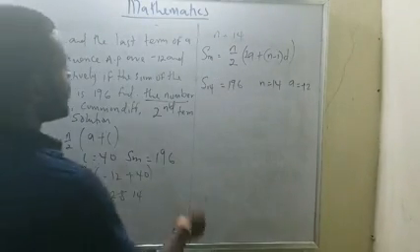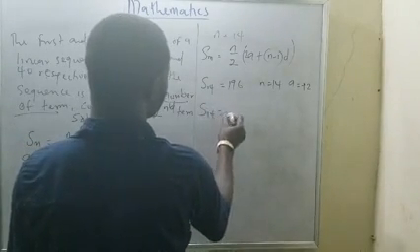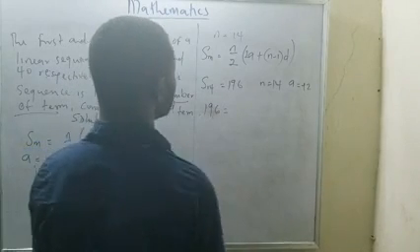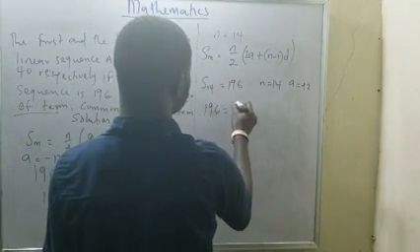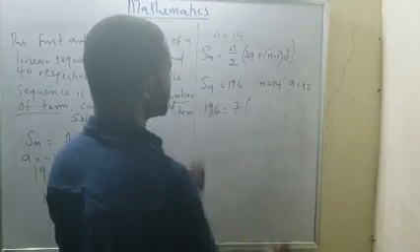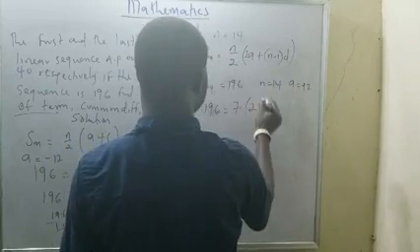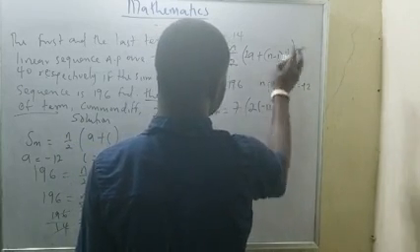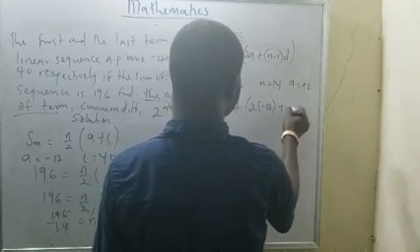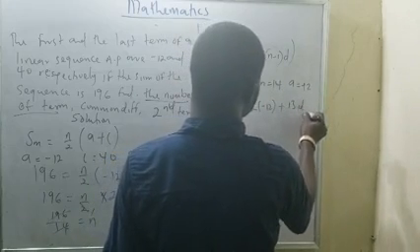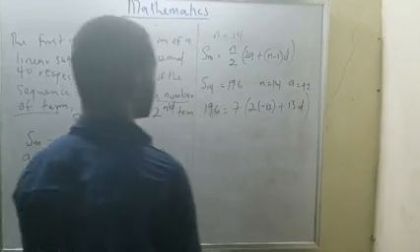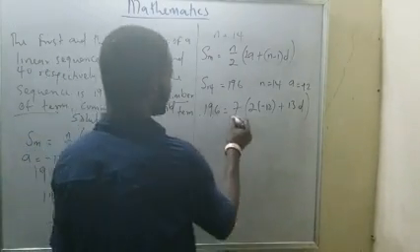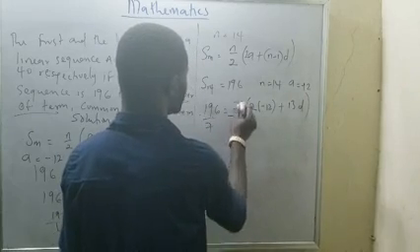With this, I'll have 196 equals 14 all over 2, which is 7, bracket of 2 times minus 12 plus 13d, close bracket. Now, what can I do? Divide both sides by 7. This will cancel this.